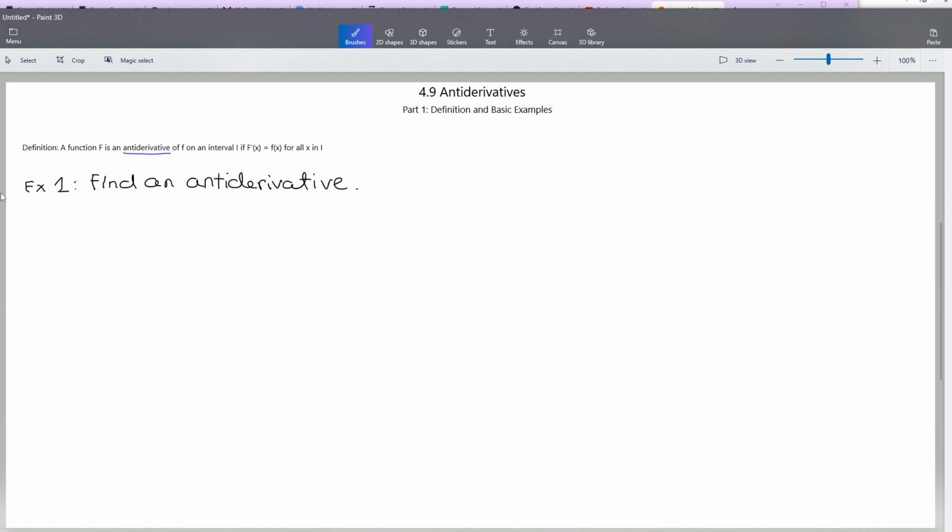Okay, so we are going to find the antiderivative for the given function. We have little f, which should be the derivative of our other function.